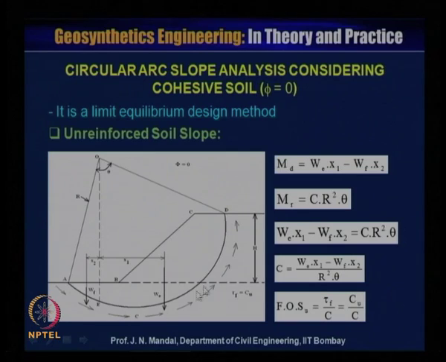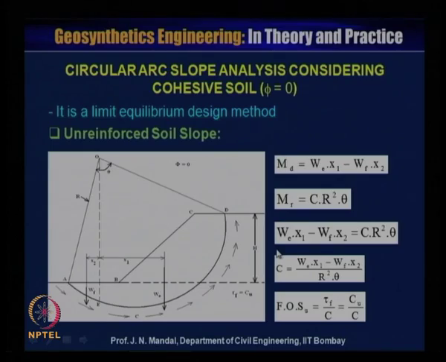A number of trial arcs are to be made for the different trial circles. You have to go for the different trial circles. So, minimum value of factor of safety you can obtain, and that minimum factor of safety will give you the factor of safety against the sliding for the slope, and the corresponding circle is the critical circle. So, you have to check.